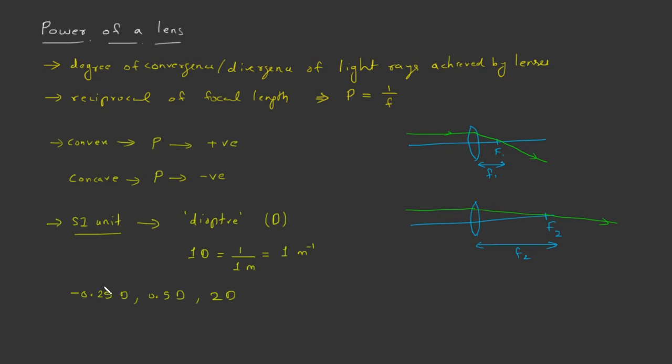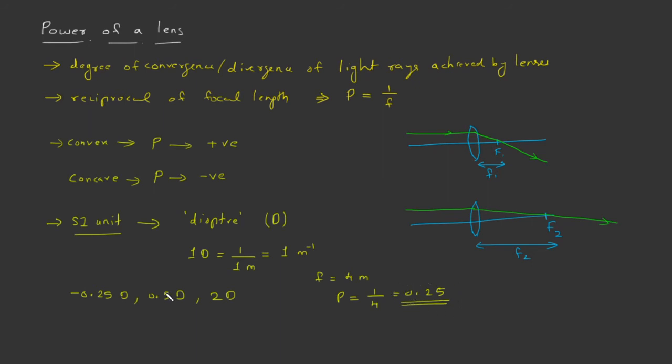And what is 0.25 diopter? We can obtain 0.25 diopter if focal length is equal to 4 meter. So, if focal length is equal to 4 meter, then power P is equal to 1 by 4 and that is equal to 0.25. If it is minus, then it is concave lens, and if it is plus, it is convex lens.